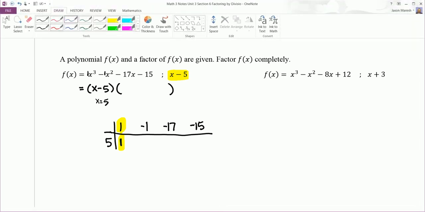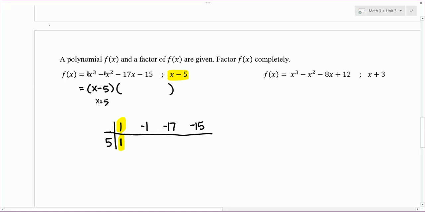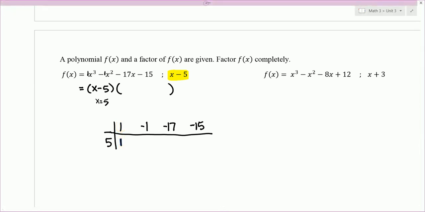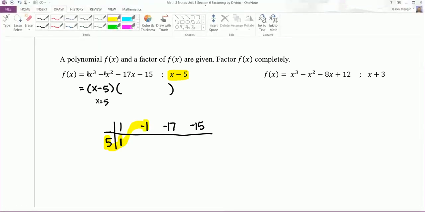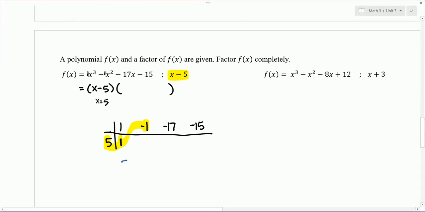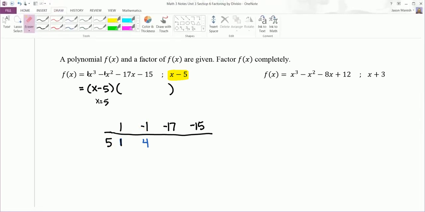And then start your process here where you're going to go 5 times 1 plus negative 1. Five times 1 plus negative 1 is 5 minus 1, which is 4. On to the next part.